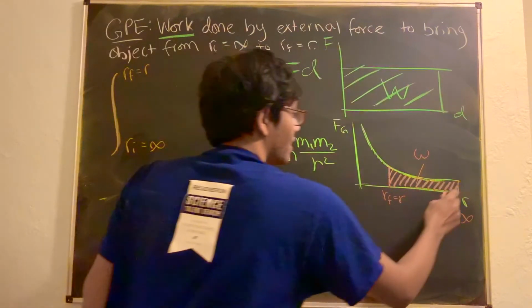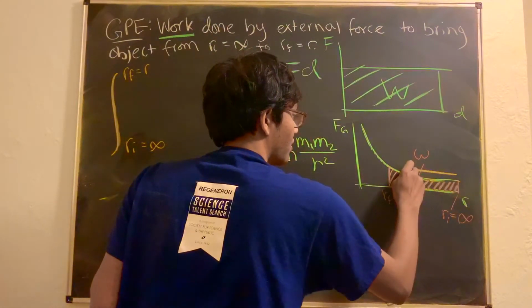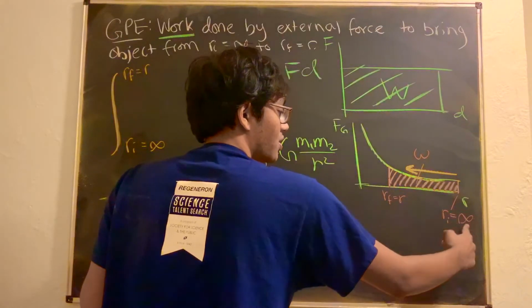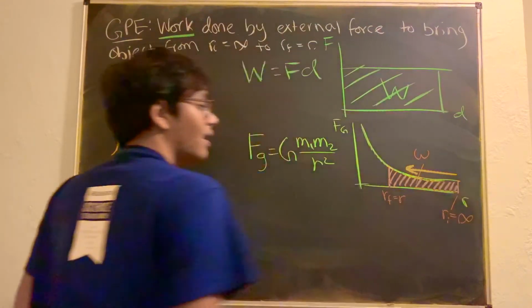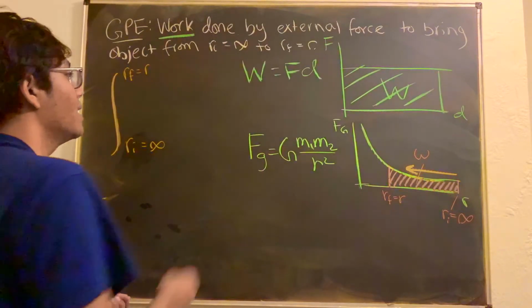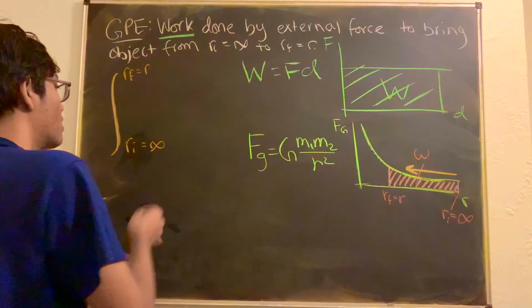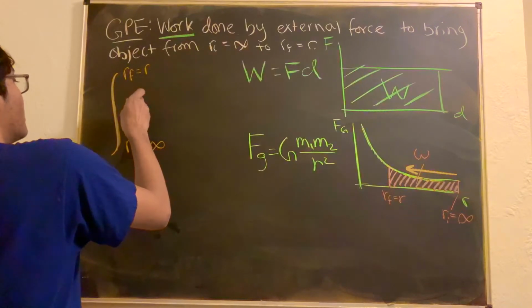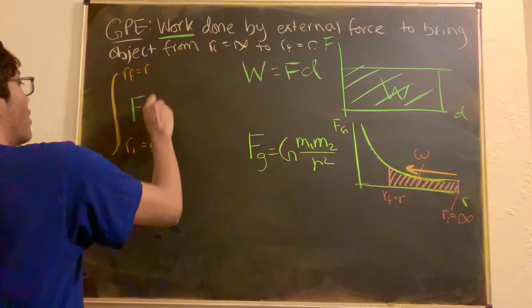Okay, so we're bringing it from here to here. You don't start from here to here. You start from here and you're bringing the object to a radius of r. Okay, and what is our integrand going to be? Our integrand is going to be f dr. So let's write down f dr.